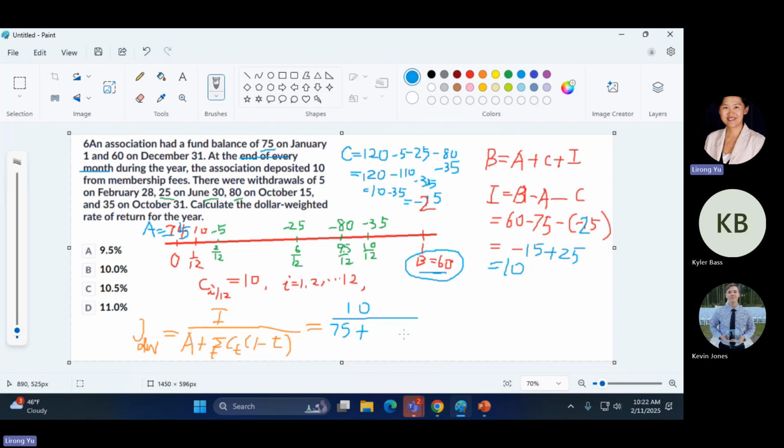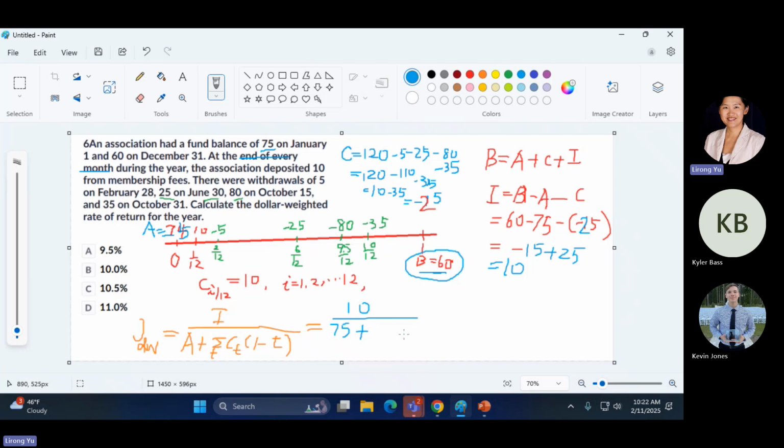And then we are calculating the total deposit, the end deposit of 10. The last 10 is going to be 1 minus 1, so we don't even have to calculate the last 10. All these 10s will be multiplied by their appropriate 1 minus T. So all these 10s happen at 1 over 12, 2 over 12, 3 over 12, and then 12 over 12. Those are all added together.